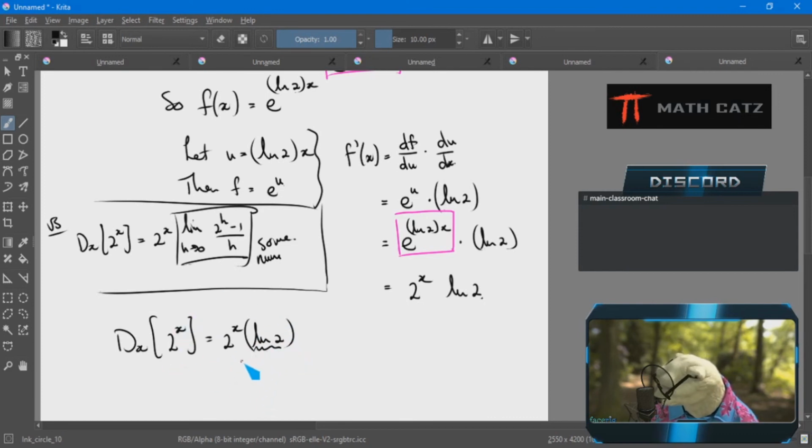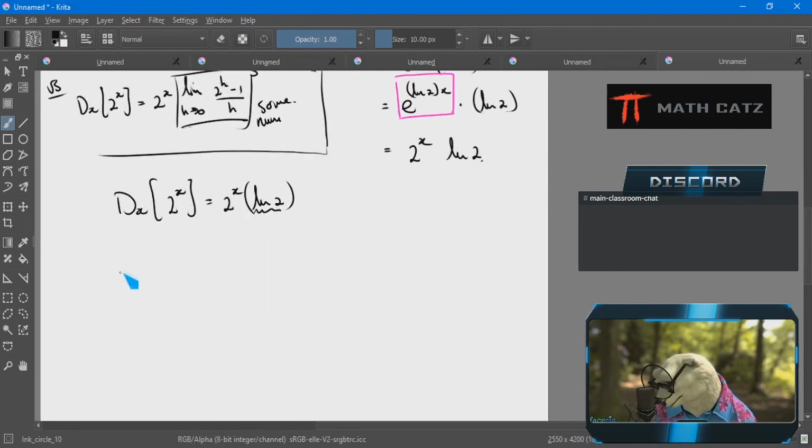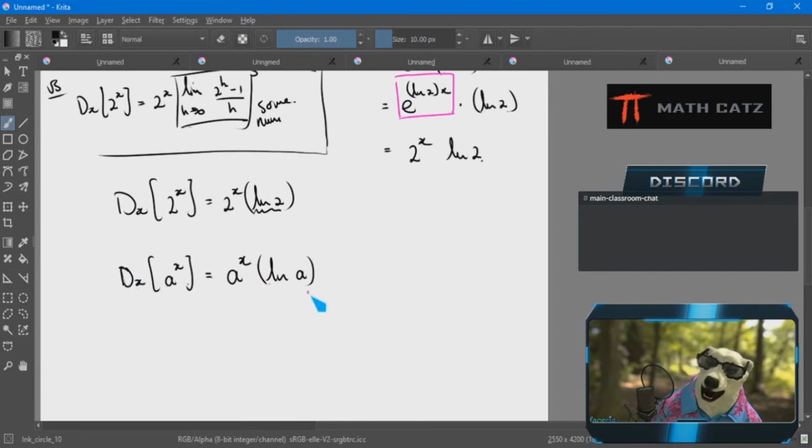So it is quite simple in its final form, that if I have any base, then it is the same exponential function times the natural log of that base. So the rate of change of these exponential functions are scaled in a way that's linked to the natural log function. It's weird, but it's cool.